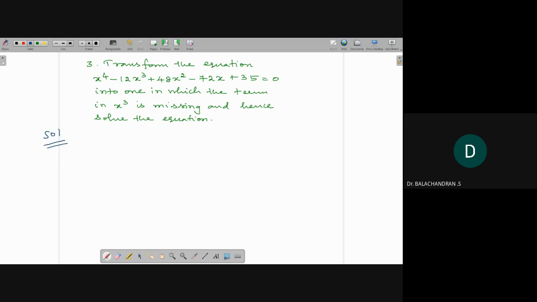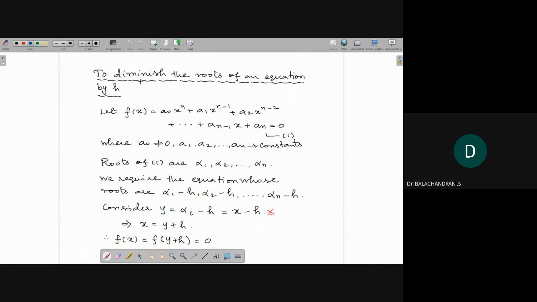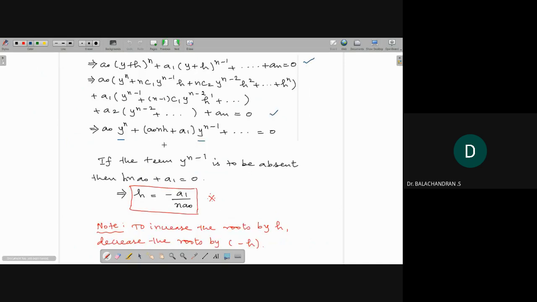Okay, so for this I am going to use this idea. To diminish the roots, here I got the equation. If the term y power n minus 1, that is the second term, is absent, then a naught n h plus a1 equal to 0. From this, what is h? h is equal to minus a1 by n a naught.